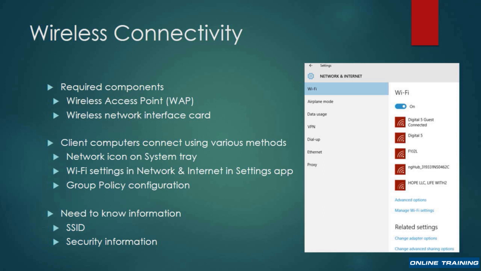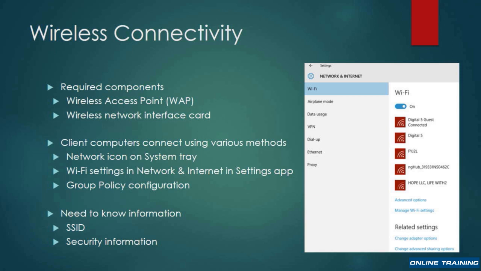There are various methods that you can use to connect. The network icon down in the system tray, like previous versions, will show the wireless networks that you potentially could connect to. And then you have the network and internet settings in the settings app. And then you could use group policy configuration. There are wireless profiles that can be configured for domain clients inside group policy.